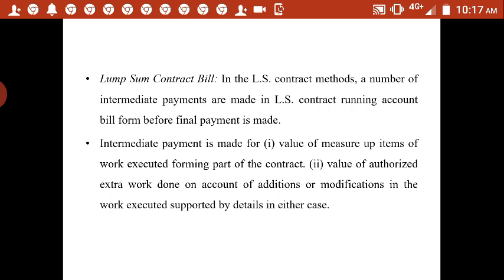So that itself is the second point. They have mentioned it as authorized extra work done. Authorized means the approval has to be taken for the extra work you are doing, and whatever extra work you are doing on the site has to be entered into the measurement book by the section officer first.